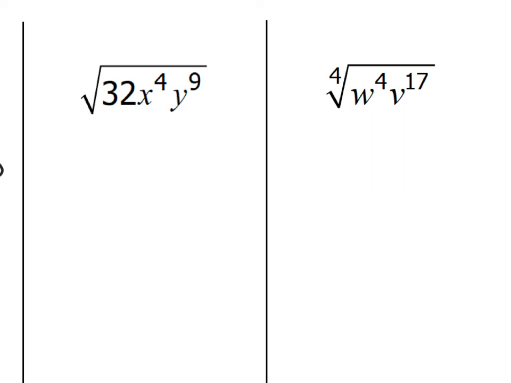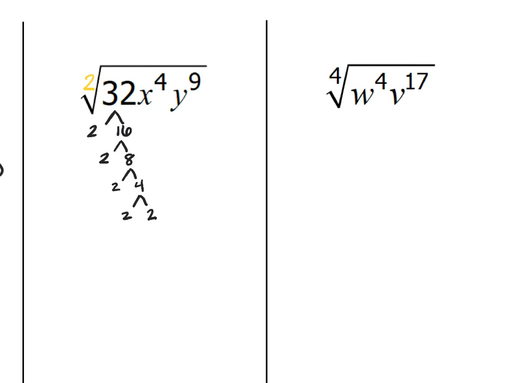All right, let's go over. So here I have an index of 2. I always want to write that imaginary 2 to help myself out. So 32, I would have 2 and 16, 2 and 8, 2 and 4, 2 and 2.